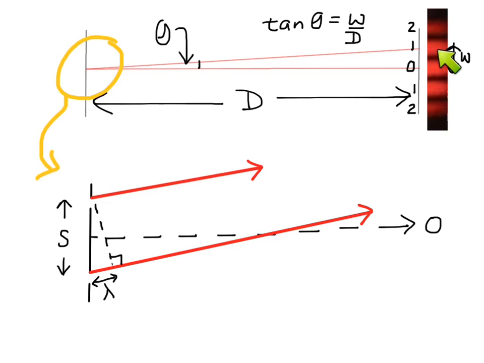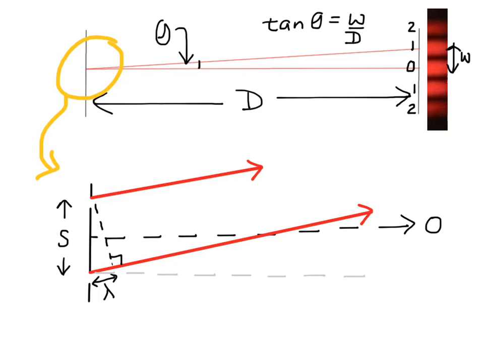But to get to this one, the first order fringe, the beam from the bottom slit in this diagram must have travelled a little bit further than the one from the top slit, and it must have travelled a little bit further by exactly one wavelength. So they're back in phase again. They both arrive together with their peaks and troughs in sync, so that they can add together and give a big result.